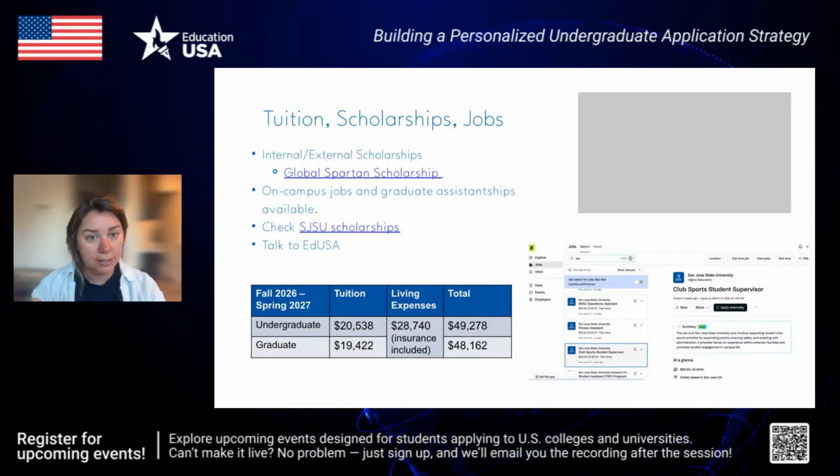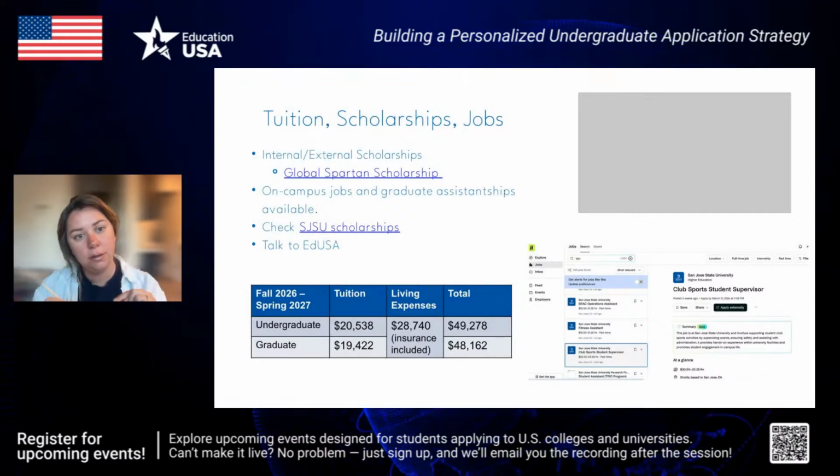For example, we have a scholarship at our university that's just for international students. It's called the Global Spartan Scholarship, but the application period is already closed for this. If you want to apply for this scholarship, you have to make sure, number one, you know when it opens and when it closes.